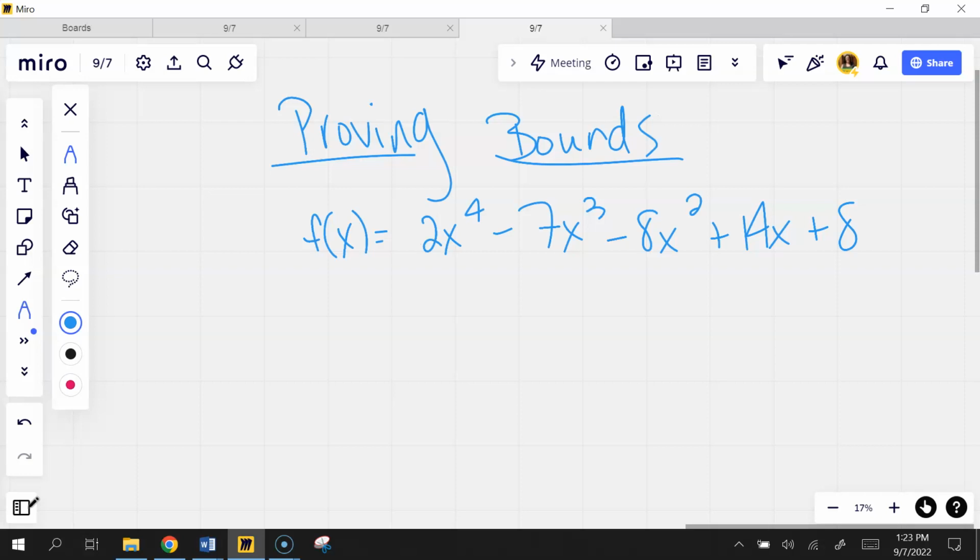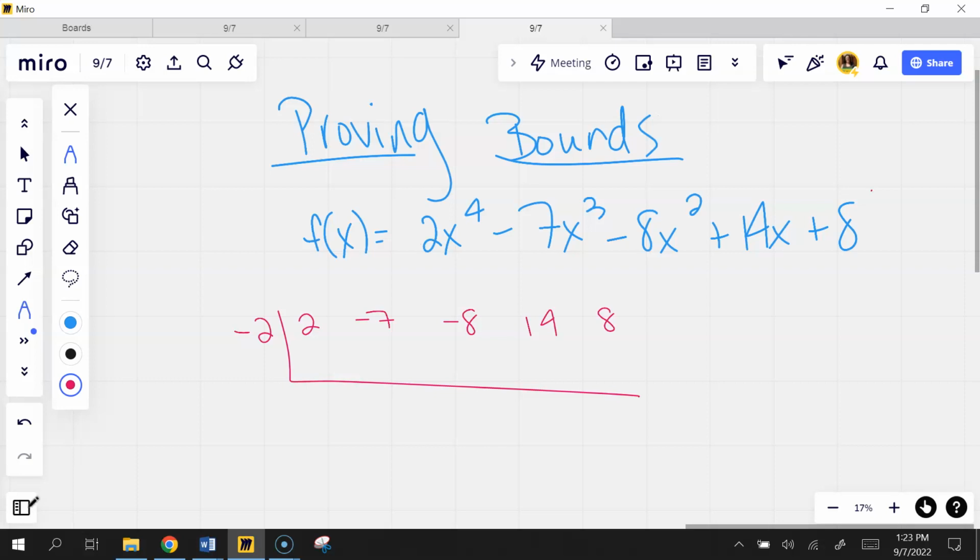Let's say I divided this by -2. If you divide by -2, because that's one of the PRZs, right? Factors of 8 divided by factors of 2. -2 is one of those numbers, yes? I'm giving you a starting point here.